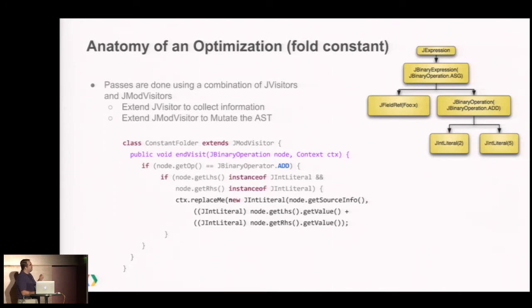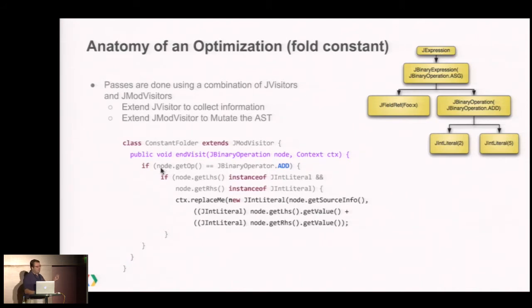Here's an example where we have an optimization called ConstantFolder, and it looks at JBinaryOperation nodes. It does callbacks for every single binary expression in the entire program, like A plus B. You get a callback, and then it's your decision to look at that and see if you can replace it with something better.